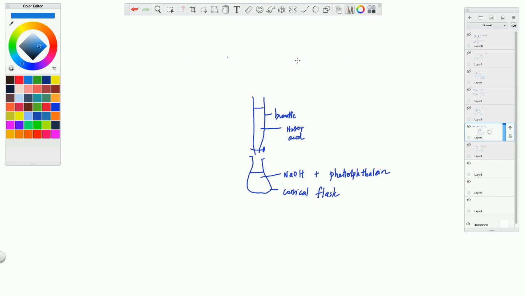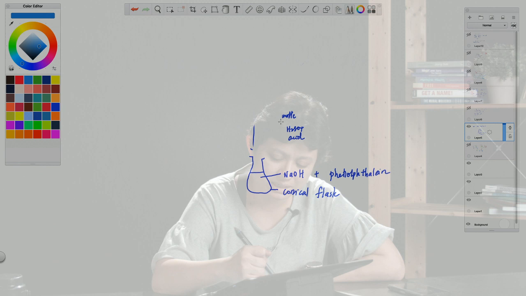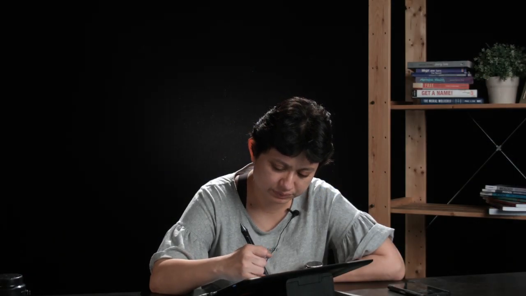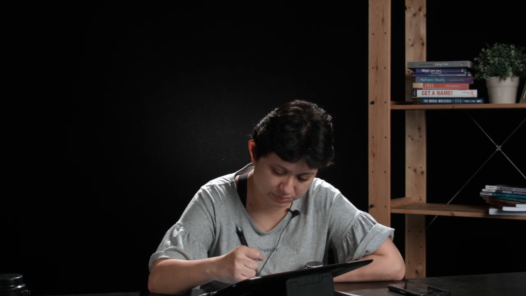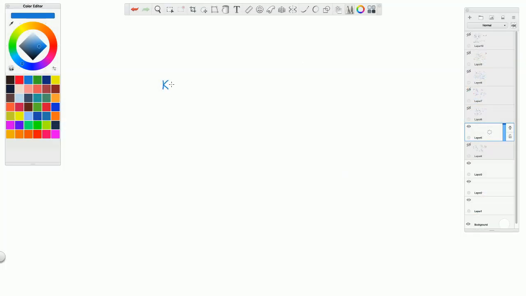So that changes color when it has been reduced. So for example, acidified potassium manganate 7 is purple.